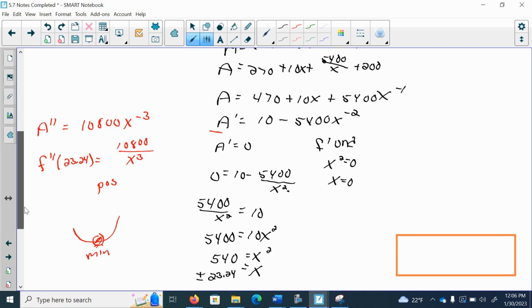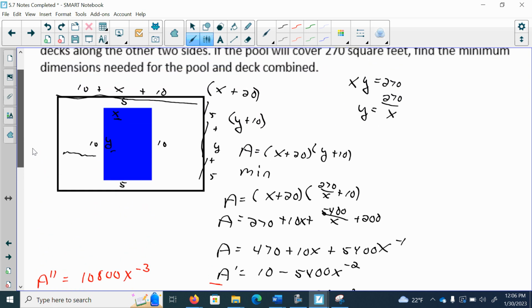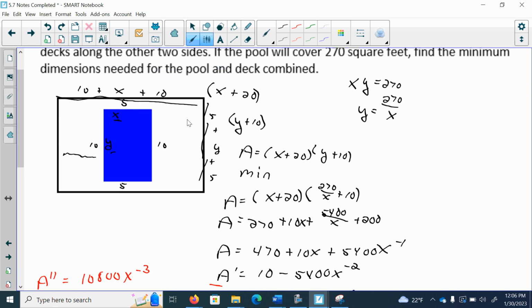Now that's my x, the one that's with the 20. Now I have to find my y. So to find my y, I'm going to take 270 and divide it by that 23.24. And when I do that, I get, pause please, because I didn't do it yet.